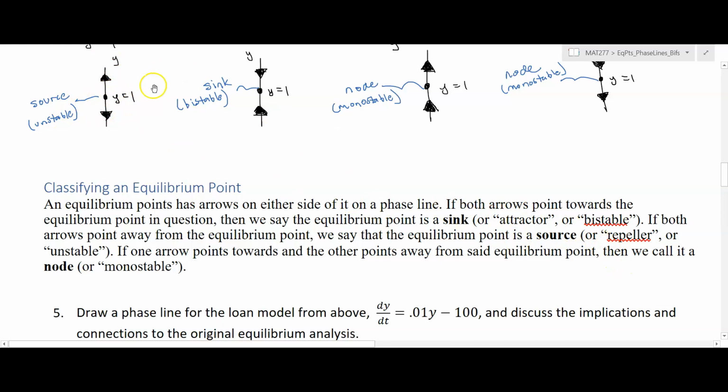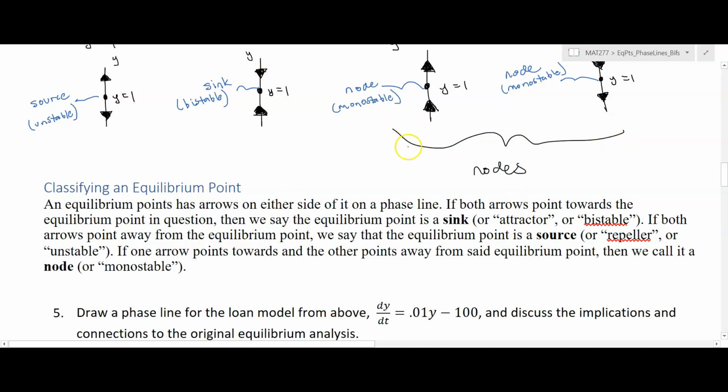Or repeller, you could sort of think about it as magnets with like poles, they're going to repel each other. If one arrow points toward and the other points away from said equilibrium point, then we call it a node or monostable. And there are two examples of nodes. Those are these two.